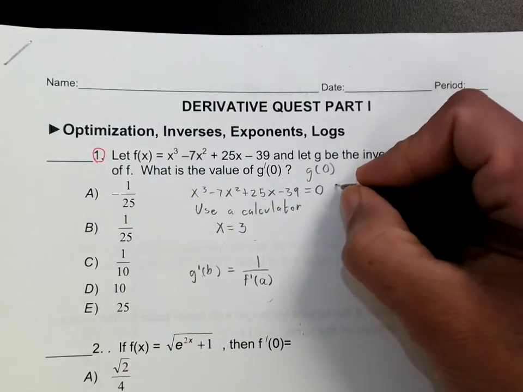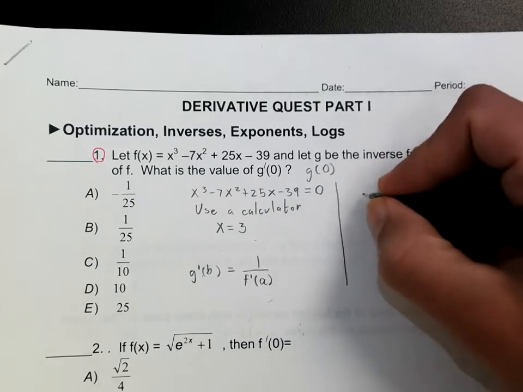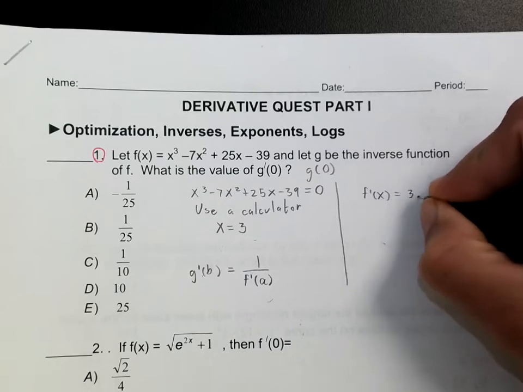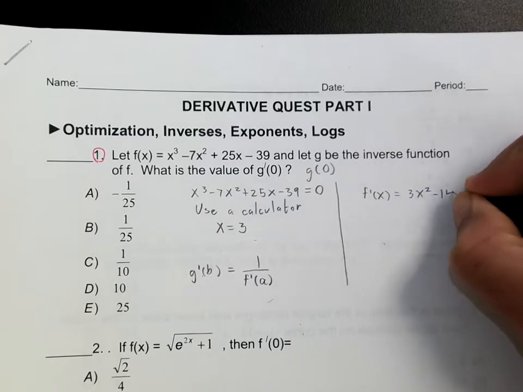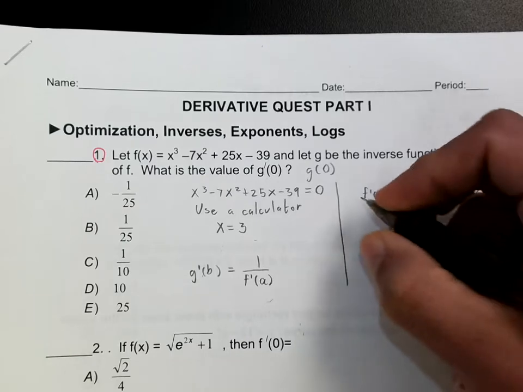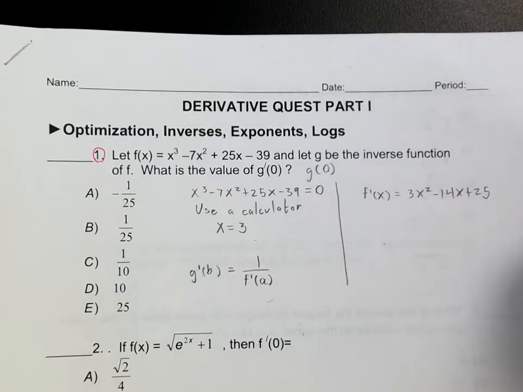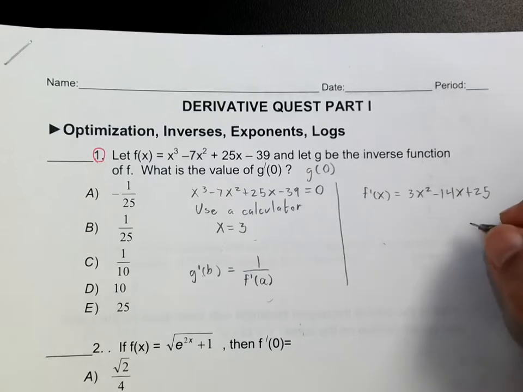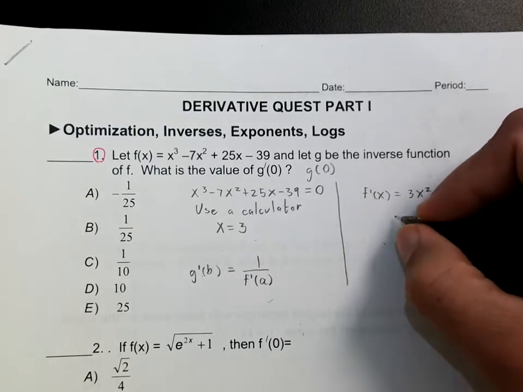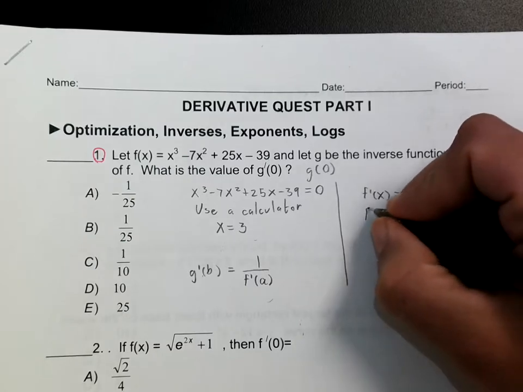So the derivative of f of x is this. Which then will give you, let's see, f prime of 3.